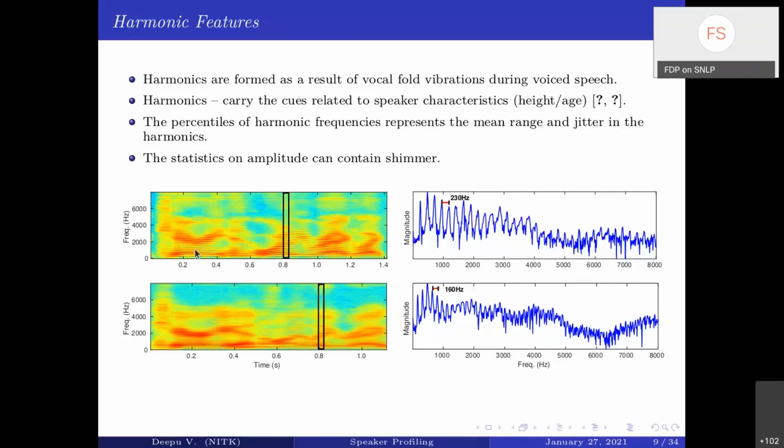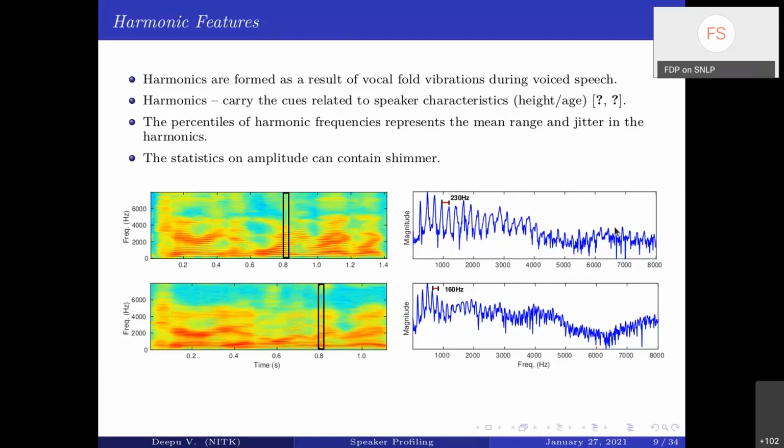It's a peak if you smooth the spectrum vertically. So on the right side, if you smooth like this, there is a peak here, that's a formant, and there is a peak here, that's a formant, and likewise. There is a last peak here around 7,000. It goes down here and it comes up around 7,000 and then goes down.